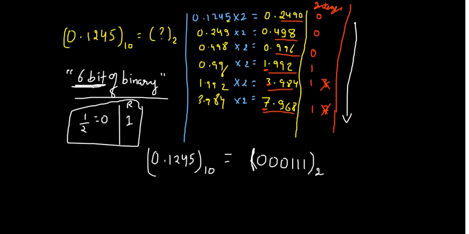We must be given how many bits we are going to compute. In our case, we have 6 bits, and then we take the answer from top to bottom, like I just presented in front of you. I think it is very clear from this point how we are going to work with these things.